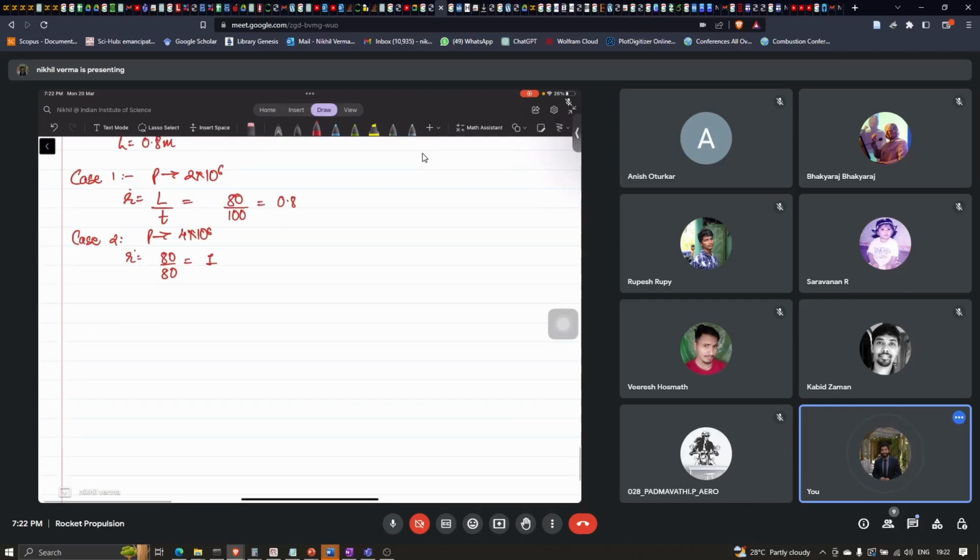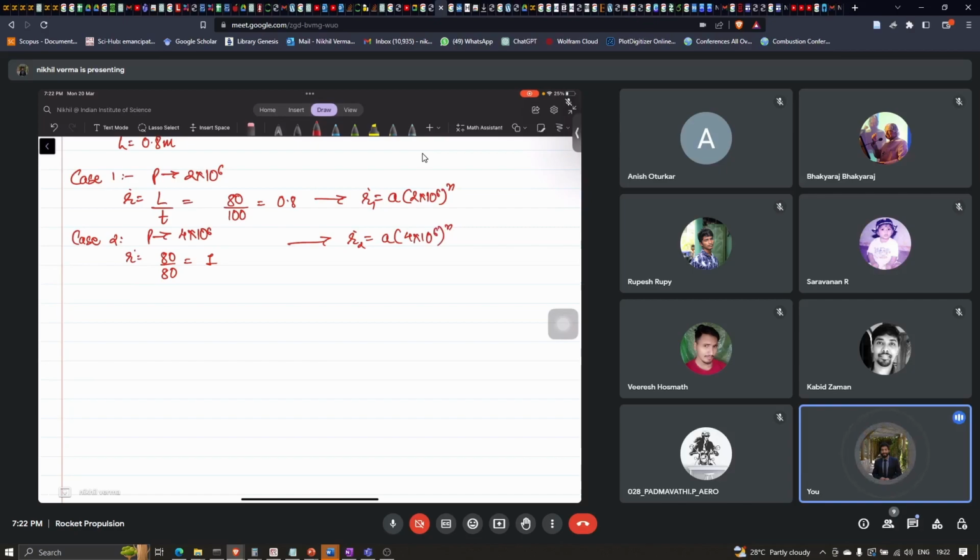Okay, so now R dot 1 is a into 2 into 10 to the power 6 to the power n, and R dot 2 is a into 4 into 10 to the power 6 to the power n.